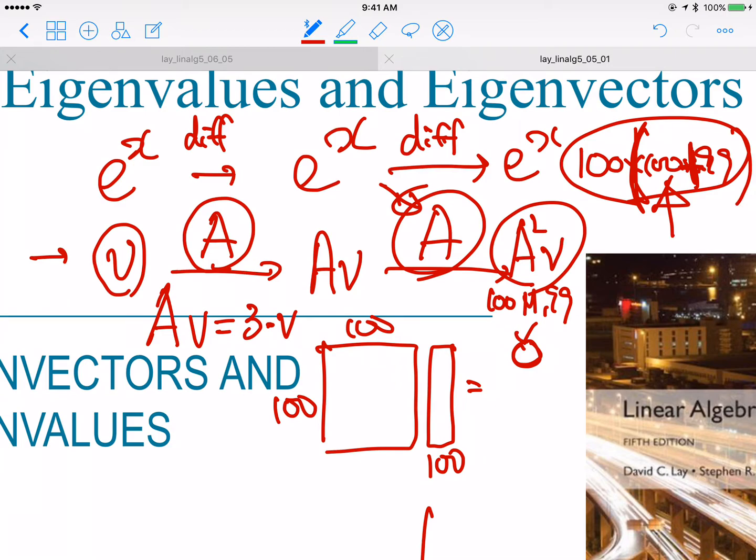But if your vector v is some special vector, so that when matrix A is multiplied, the vector direction is not changed. So the vector direction is still along the original vector, okay? And then only the length of this vector has changed by 3 times, for example, okay? 3 times v.